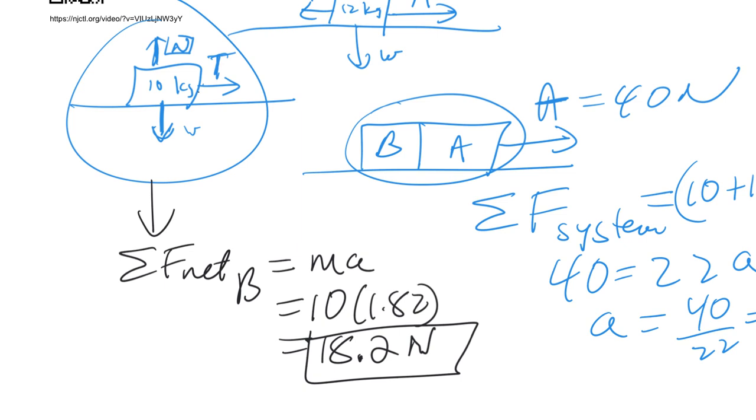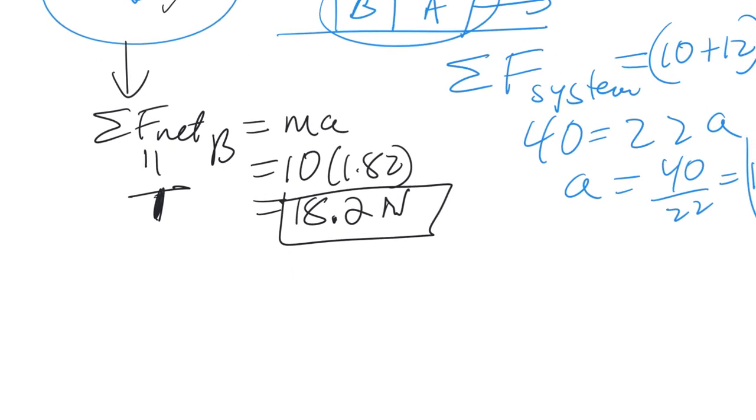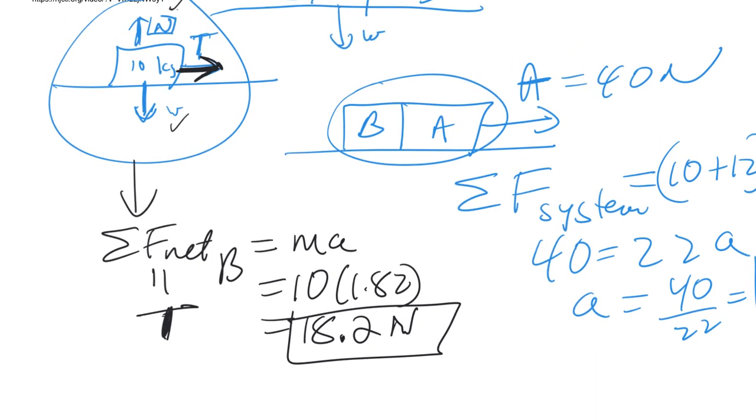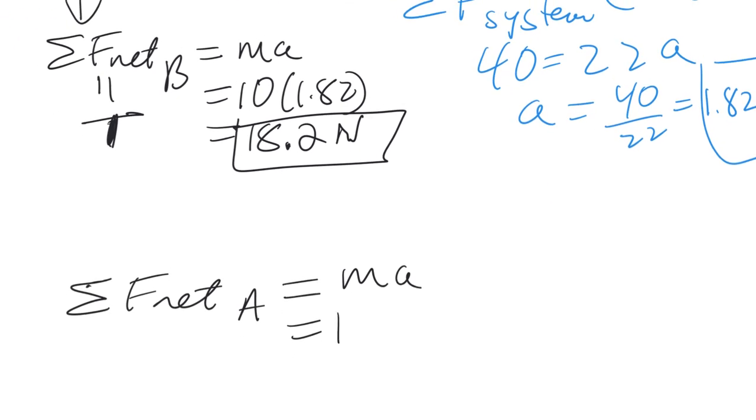Okay, right? I should have said that. The net force is a tension, because there's no other forces acting on it that aren't canceled out. Again, the N and the W are canceled out. So, I mean, you don't have to prove it, but we can. We can do the same thing with box A. Okay, the mass of box A is 12 times, wait.